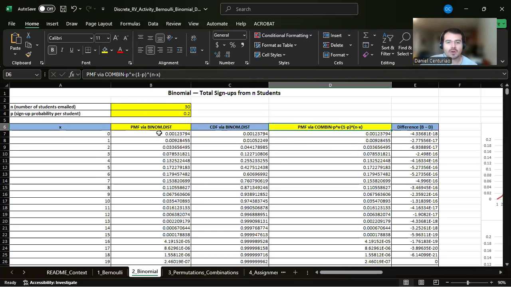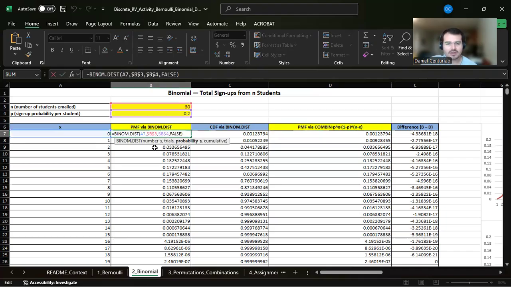What I did here is calculate the probability mass function using the manual way, which is the formula that I presented to you, and using the Excel automated way, which is this formula right here, binom.dist, for each one of the 30 students.